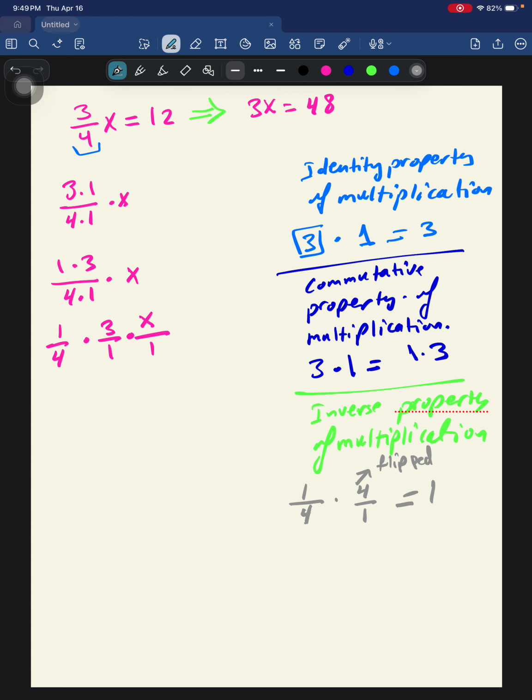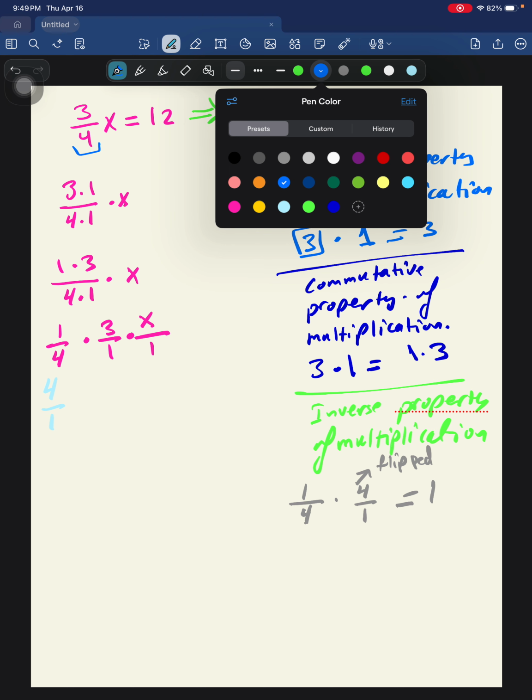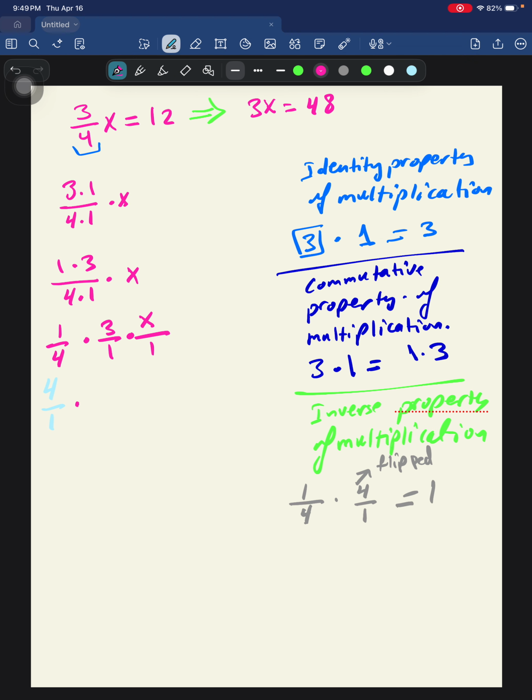So to use this property, what we need is to take the 1/4 and multiply it by the reciprocal, or multiply it by the flipped. If we flip 1/4, it will be 4 over 1. Then we keep going, multiply it by 1/4, multiply it by 3 over 1, multiply it by x over 1.